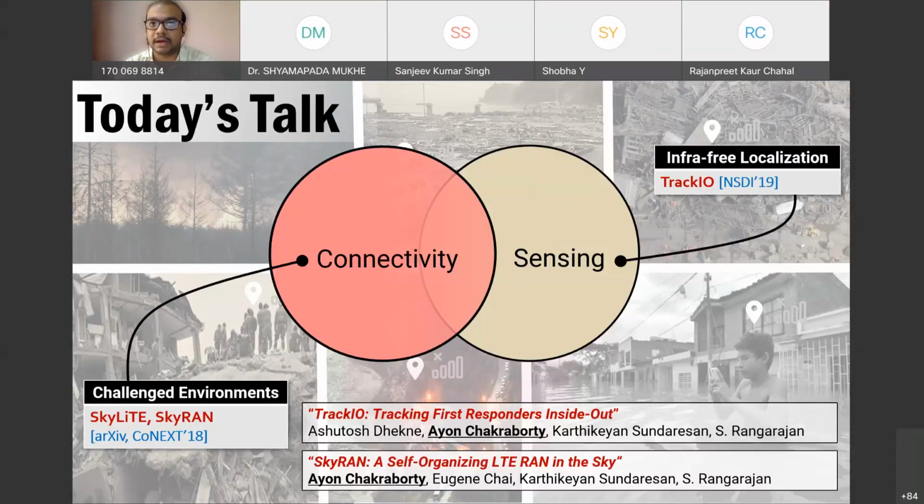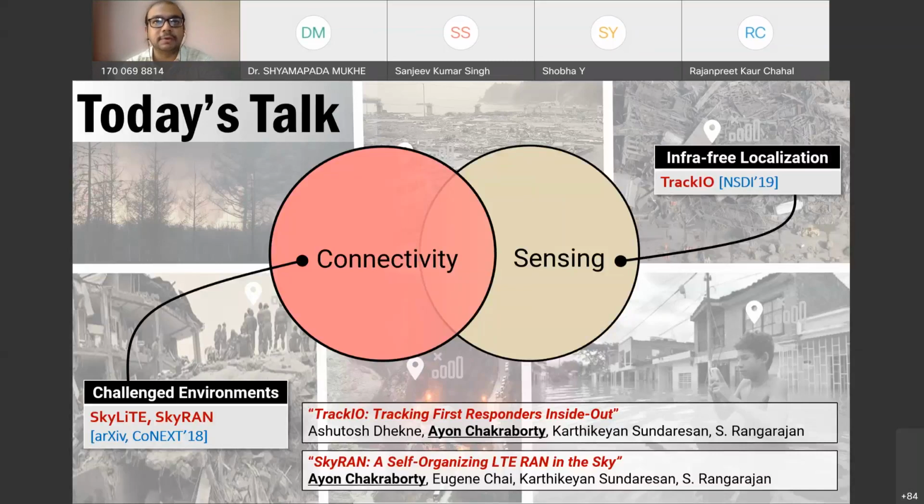So the victims are trapped inside the building, or the victims are trapped under debris. We somehow want to figure out the location of those victims. That is one application. And the other thing is also when the first responders or the people who are actually doing the search and rescue operations enter the building, right?